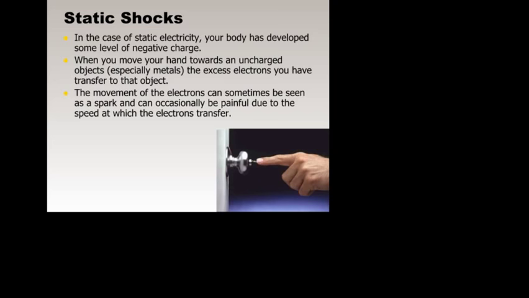The movement can sometimes be seen as a spark, and sometimes those electrons want to transfer so quickly that you can actually get some pain just due to how fast the electrons are jumping from you to the doorknob or whatever the other object is.